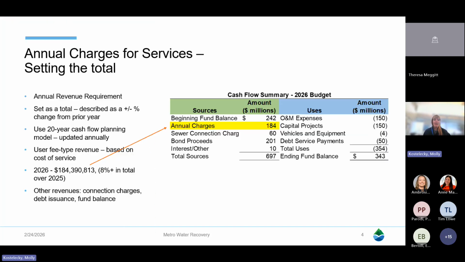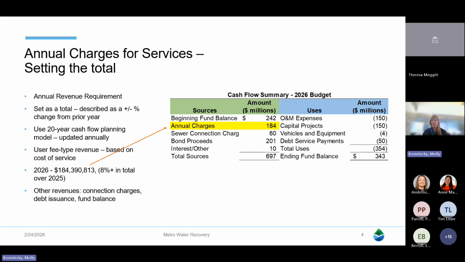All right, so like I said, we do this during the budgeting process. During 2026, we assessed where we were in terms of how much we had available to us to spend. So that's our beginning fund balance, what our revenue needs were, what our other revenue streams are or might be, and then compared that to our expenses: operating expenses, our capital projects, some equipment that we need to replace or to buy new, and our debt service payments.